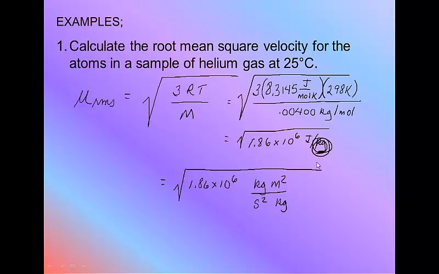From there, kilograms cancel, square root the whole darn thing, and you should get 1.36 times 10 to the 3rd meters per second, because those are your typical units for velocity. So either remember that a joule is a kilogram meter squared per second squared, or just flat out remember that root mean square velocity is in meters per second.